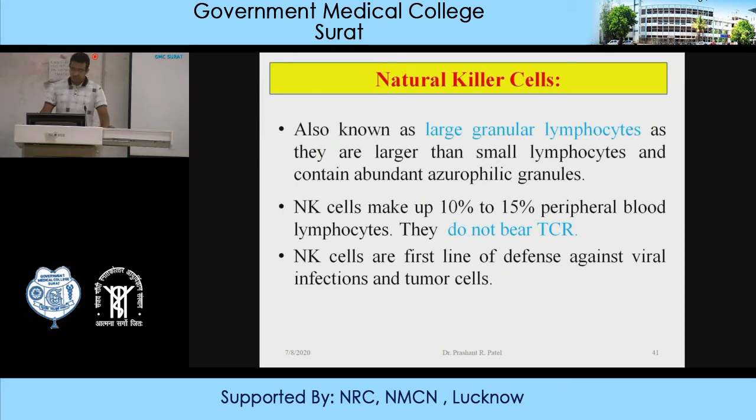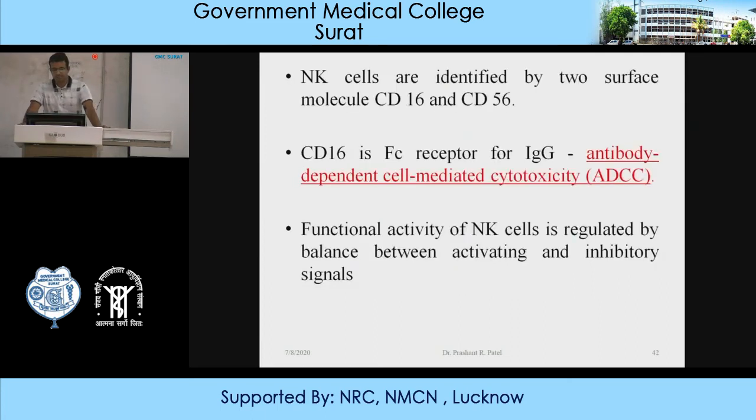And these NK cells have an important role against viral infection and against various tumors. These NK cells are identified by two receptor molecules which are present on the surface, CD16 and CD56. And the functional activity of this NK cell is regulated by balance between activating and inhibitory signals.